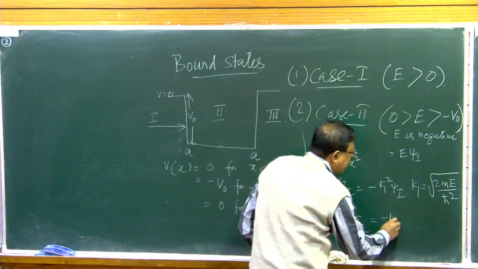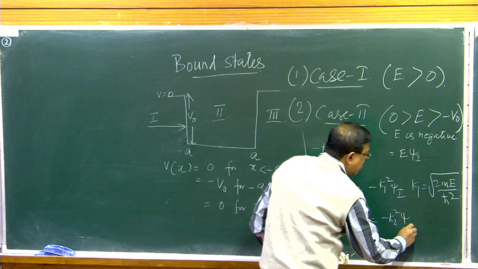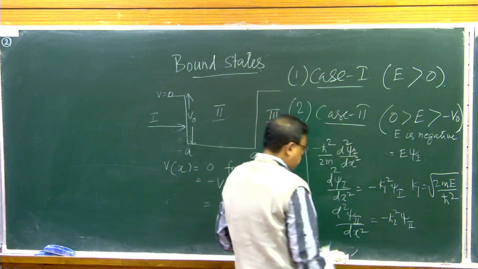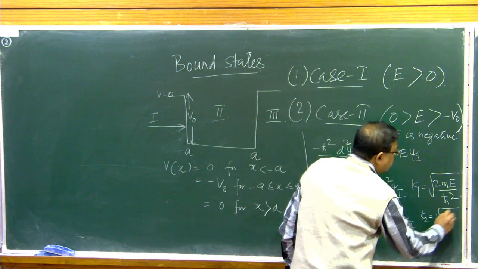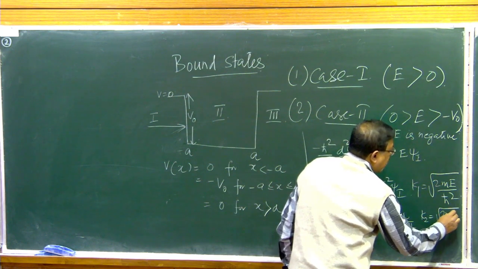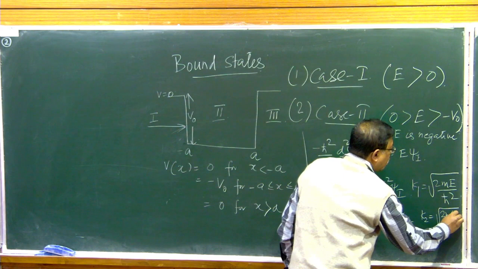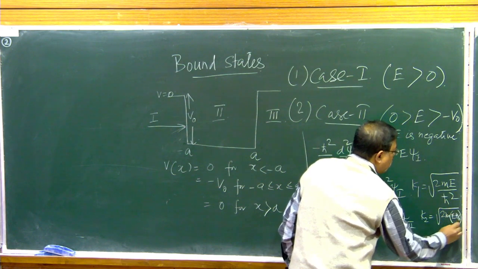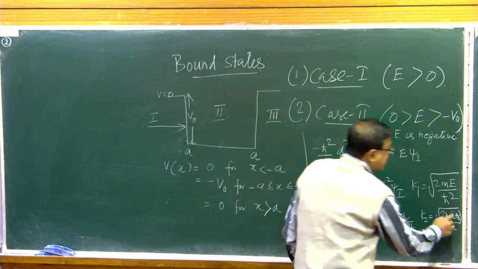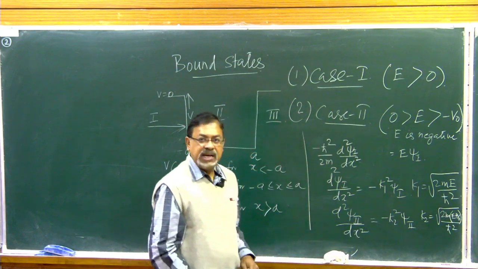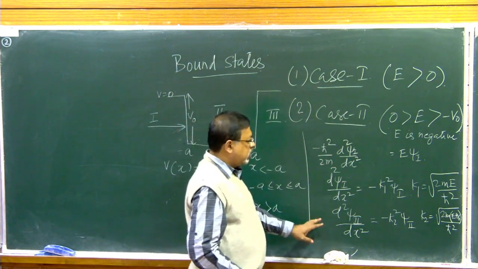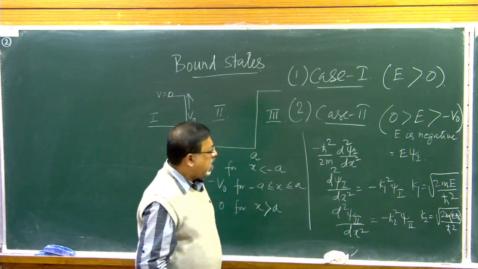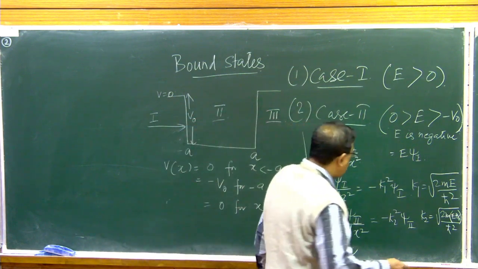So this is minus k2 square psi 2, where k2 is equal to root over 2m, E plus V0. I have to write it a little small, but this is E plus V0 inside the square root, and these are the 2 equations that you have to solve, and both the solutions are known.